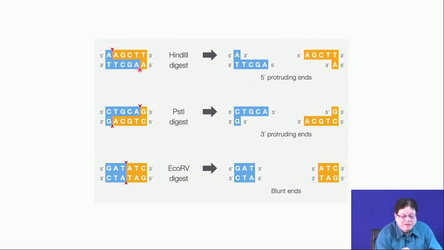Between the two A's, the phosphodiester bond is cut, and that produces this type of fragments. That means there are 5 prime protruding ends, or overhangs, a 5 prime overhang on this side and a 5 prime overhang on this side.